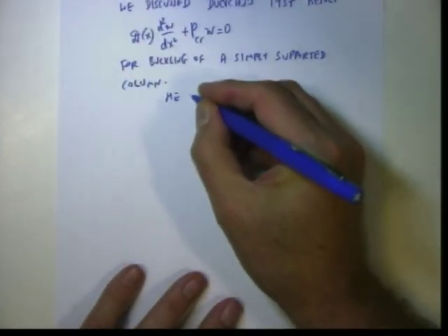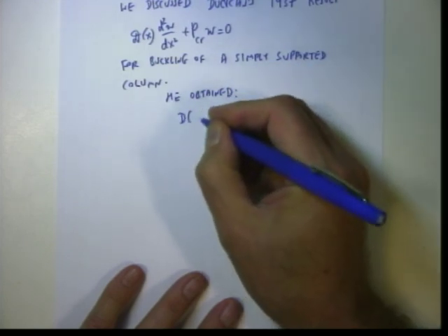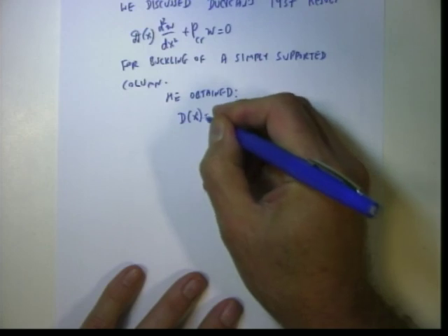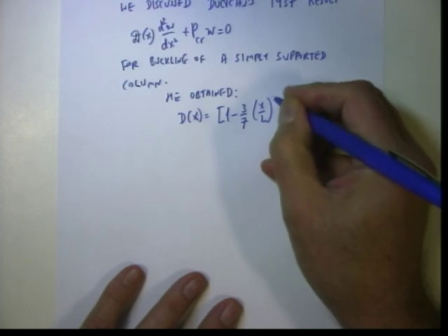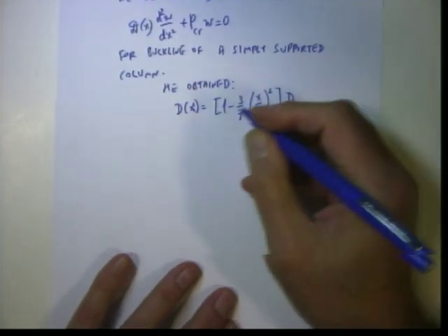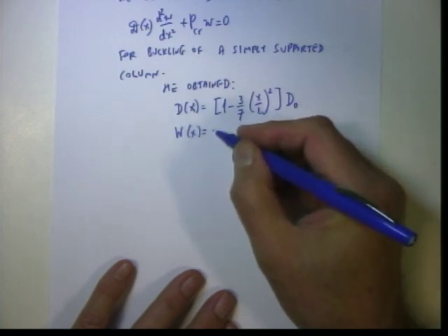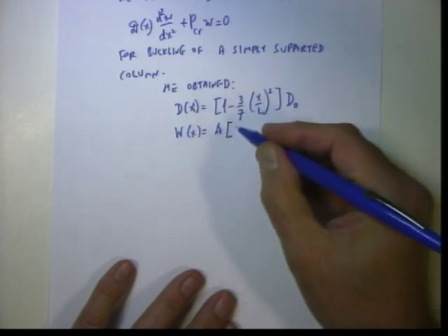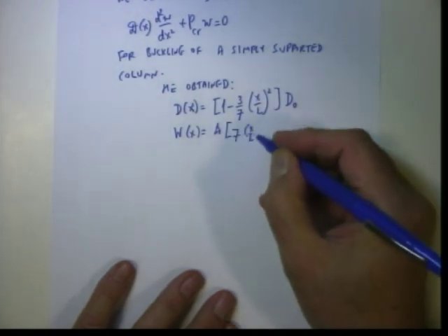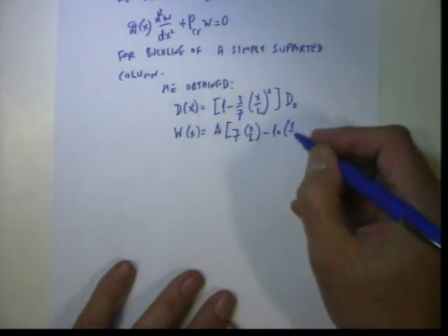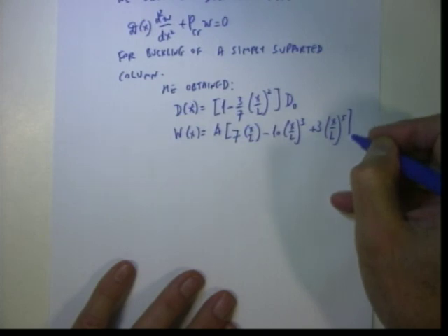He obtained the following. D of x equals 1 minus 3/7 x over L squared, D sub O. And then W of x equals some A, 7 x over L minus 10 x over L cubed plus 3 x over L in fifth power.